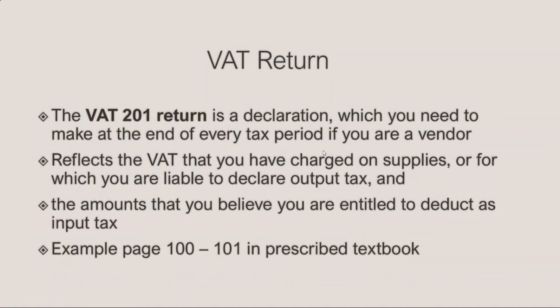Okay, in your textbooks, they talk about a VAT return. We've run out of time, so you guys can just go read up on this. Your VAT return, in essence, is a declaration of your output VAT you've raised and your input VAT you've claimed, and that shows your calculation for your VAT payable and VAT refundable to SARS. That's what you submit, and that's what SARS then audits to determine if they need to receive money from you or if you need to receive money from them.